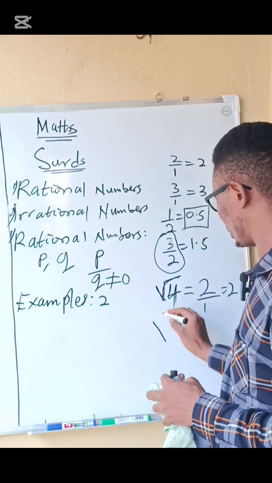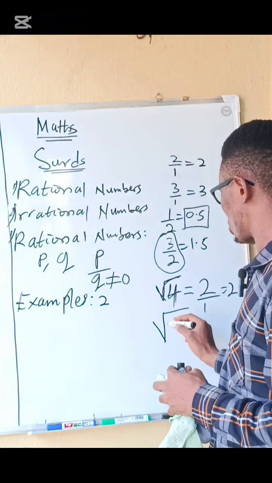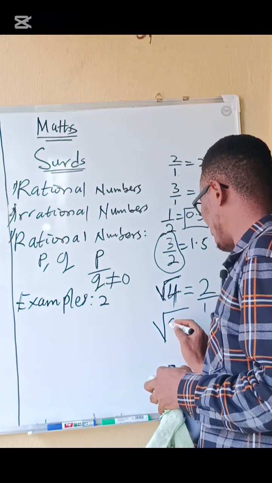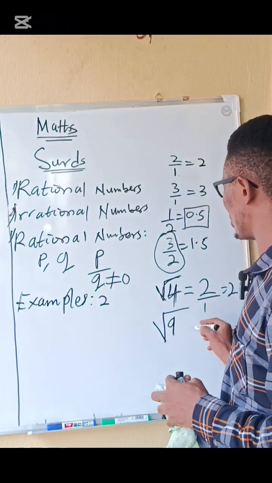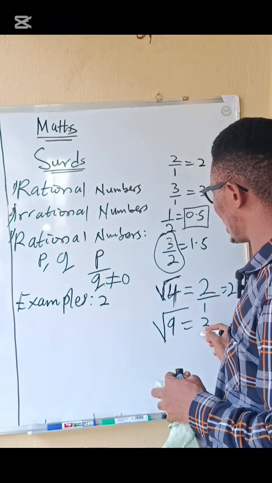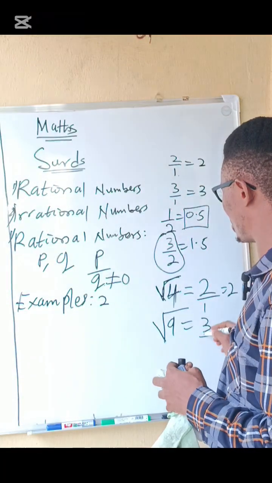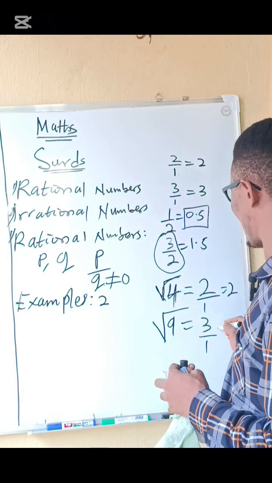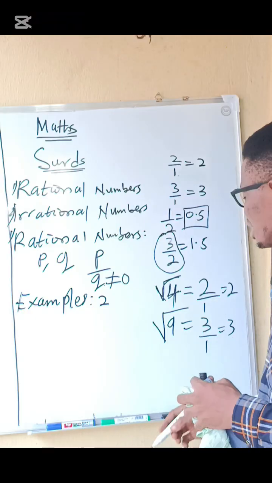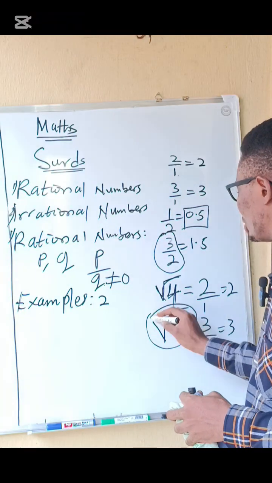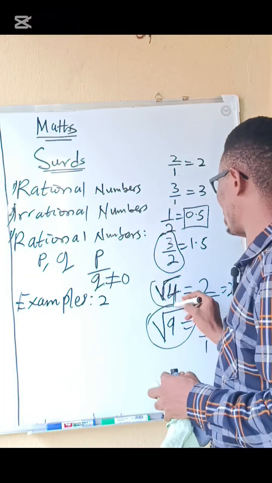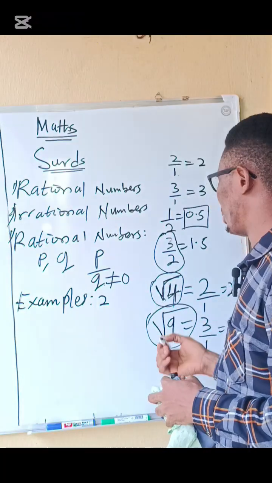How about square root of 9? If you find the square root of 9, you are going to have 3. And I can express this as a ratio of two integers, 3 over 1. I'm still going to have 3. So this guy is a rational number, this guy is also a rational number.